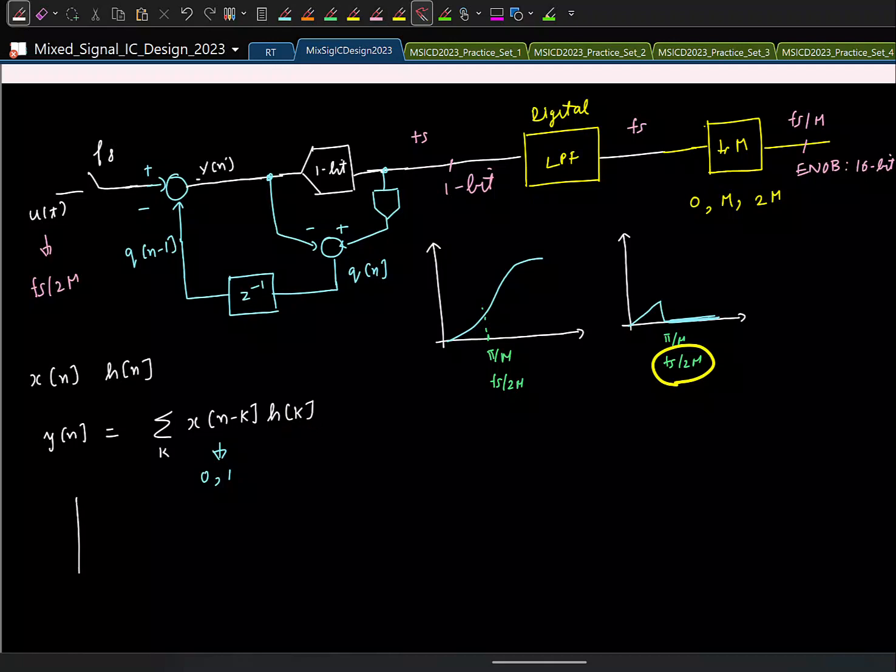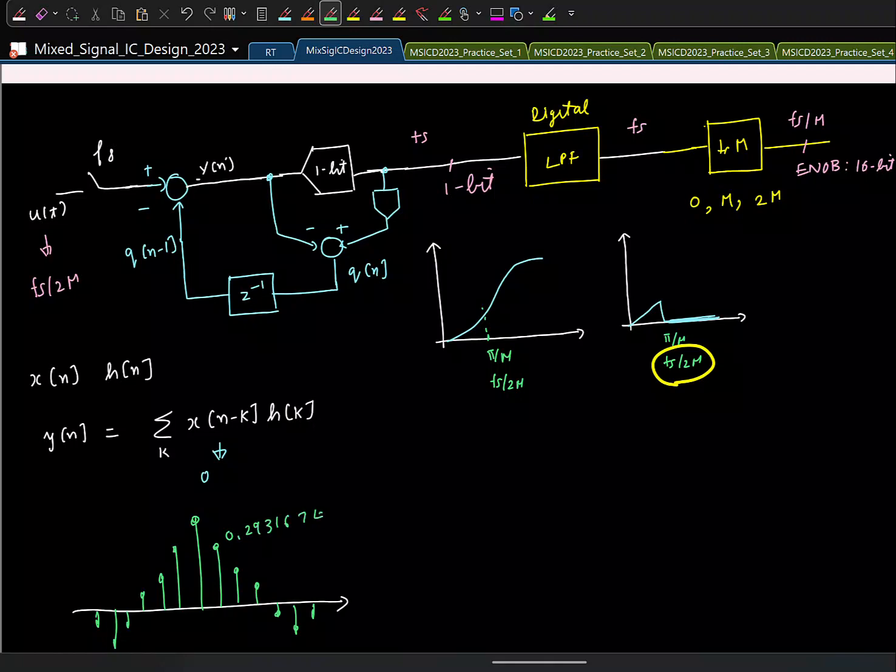Now ideally, let's say I look at the impulse response. Say ideally the impulse response looks something like this, okay? Now, let us say one of the impulse response values is 0.29316740 something.